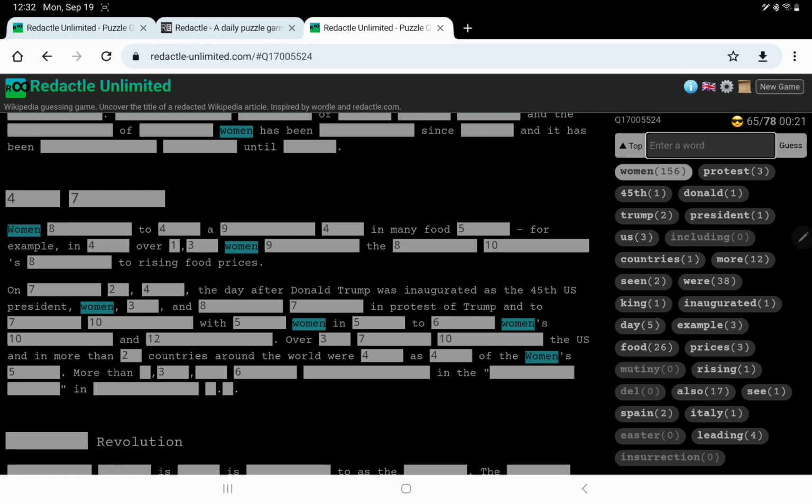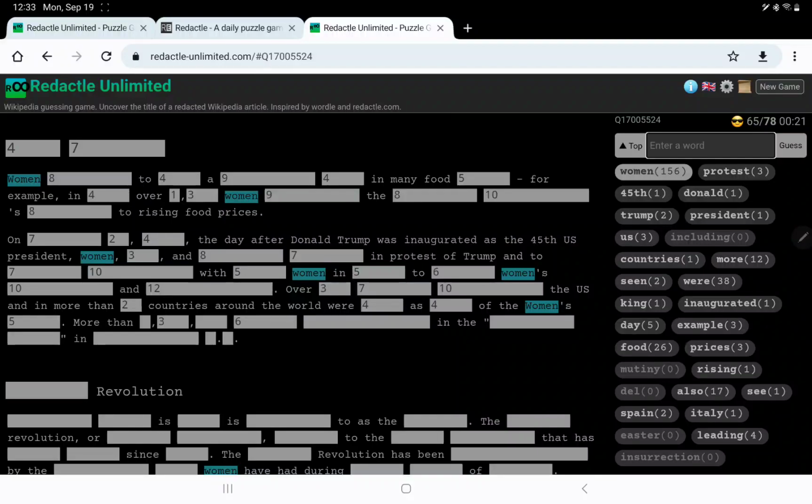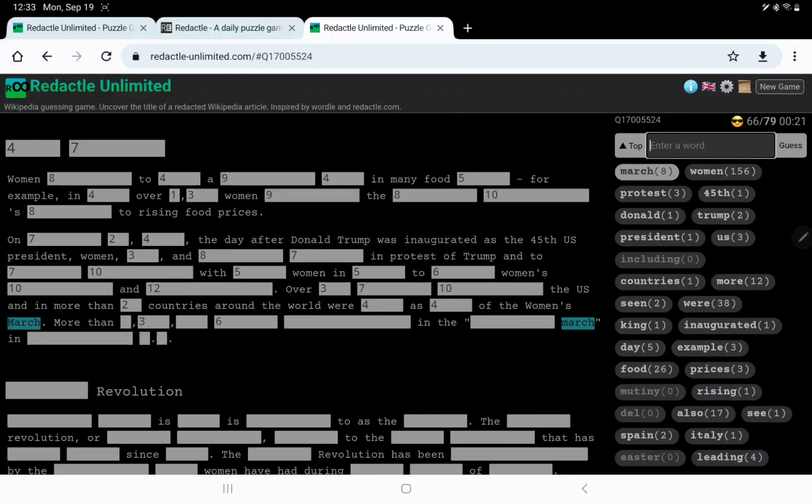Yes. Women 8-4 and 9-4 in many food 5. In many food something. Is there a march? Yes, in the something march. 1,000?